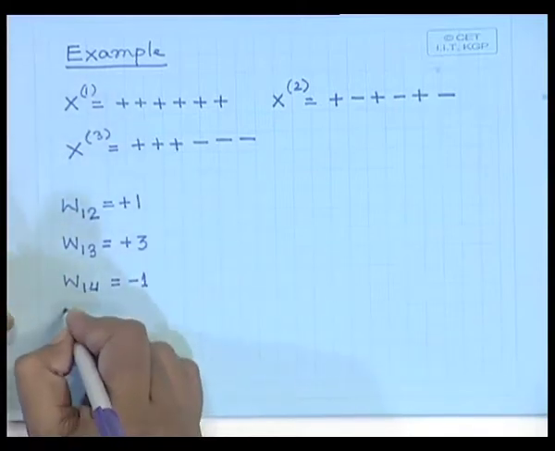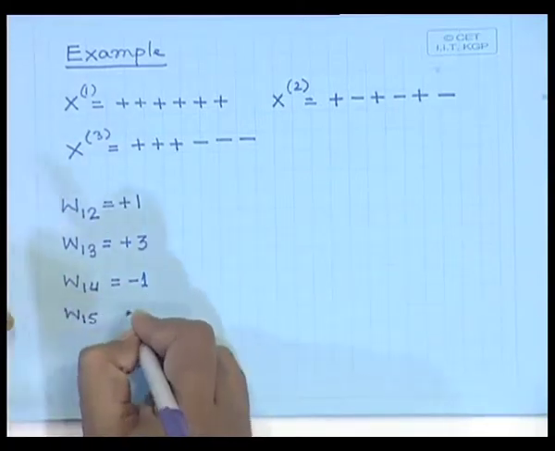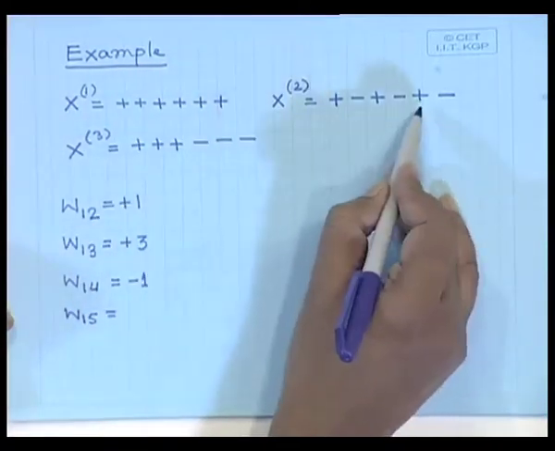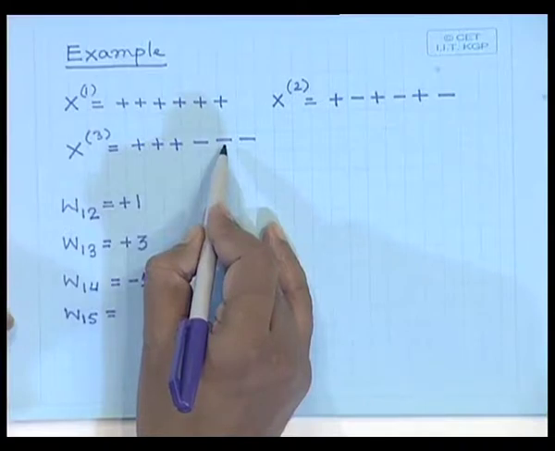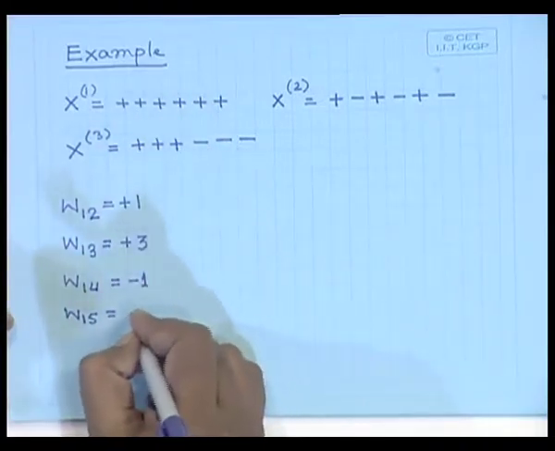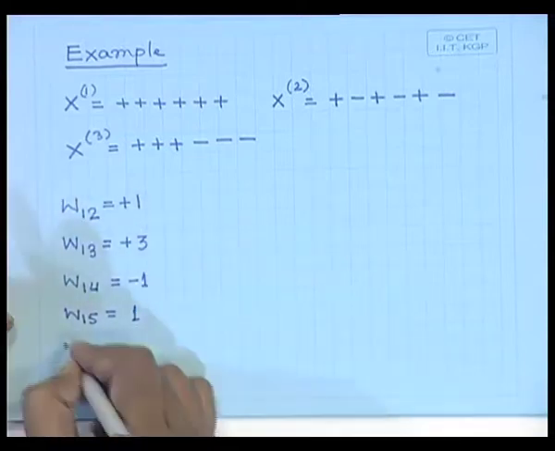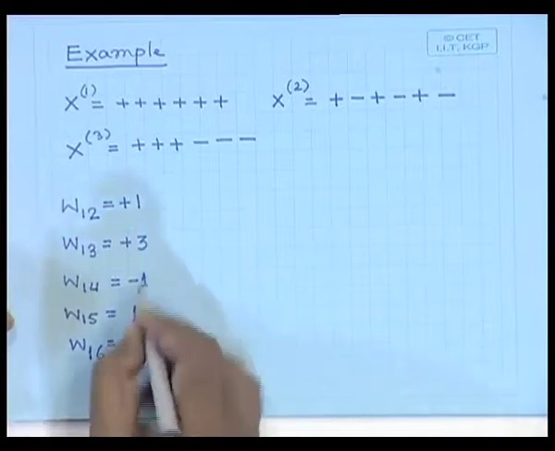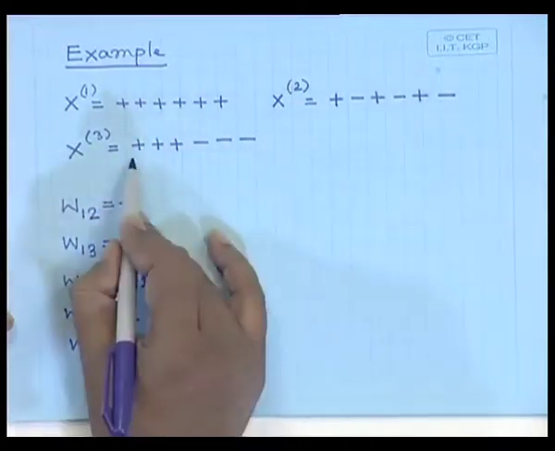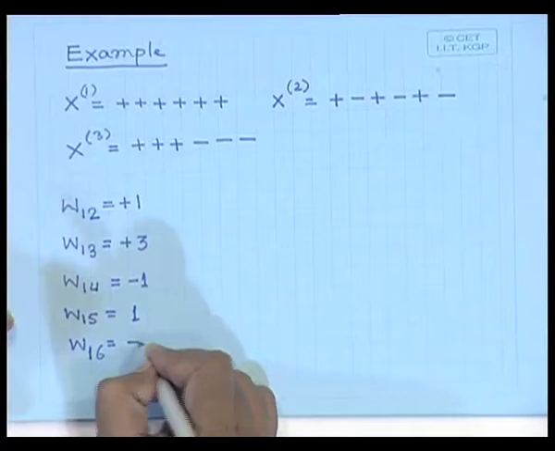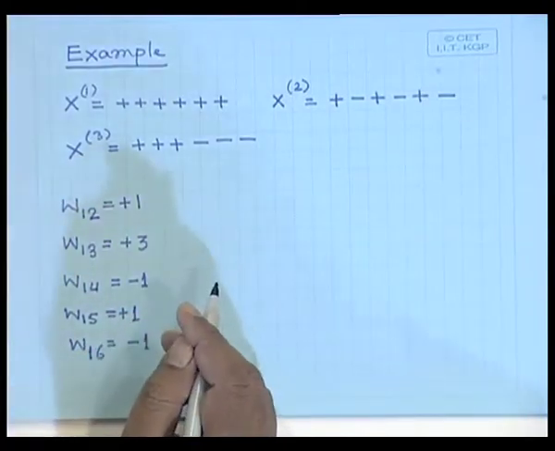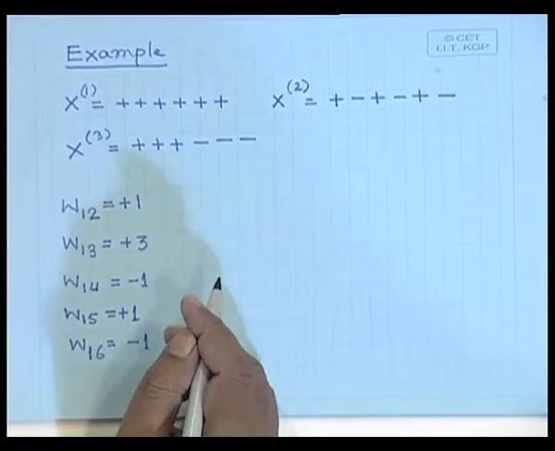Then W15, here it is plus 1, here it is plus 1, here it is minus 1. So, it will be 1. Similarly, W16, that will be plus 1, minus 1, minus 1, it will be minus 1. Is that okay? This computation.